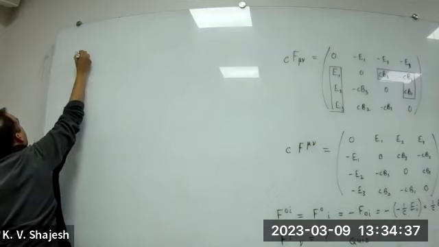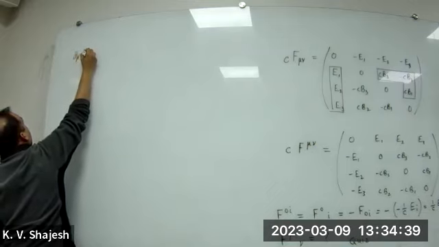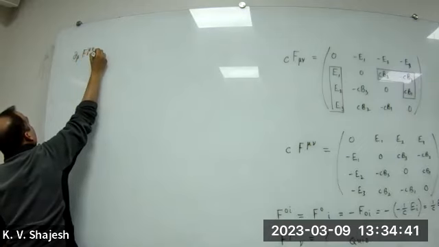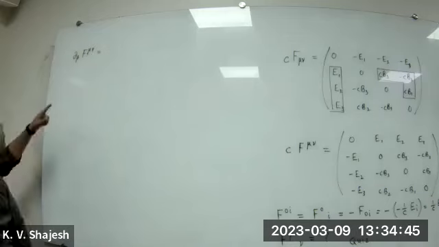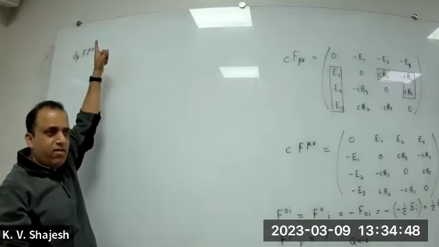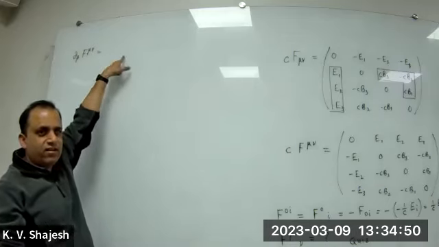Let's do d mu F mu nu. You're asking what is that equal to? Will this be a vector or a tensor or a scalar?